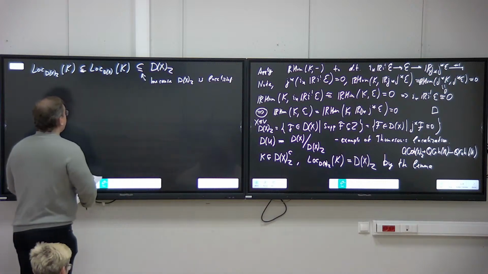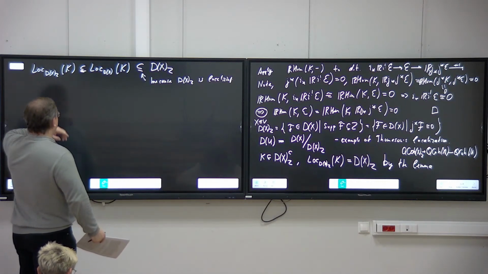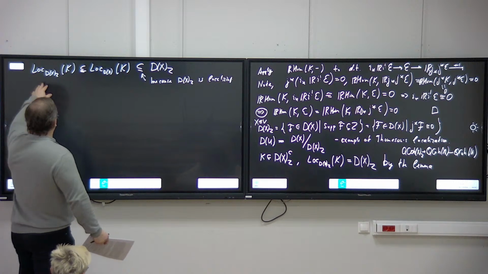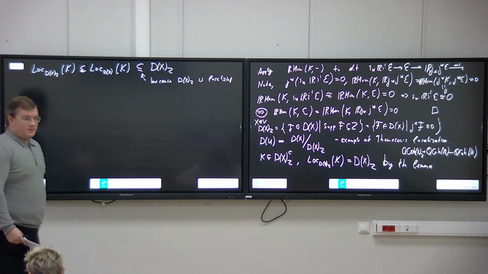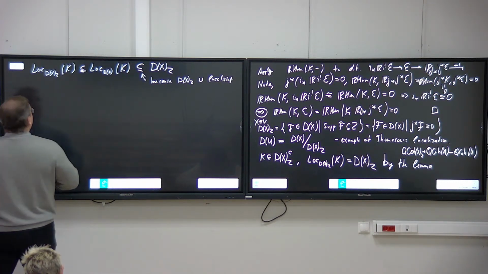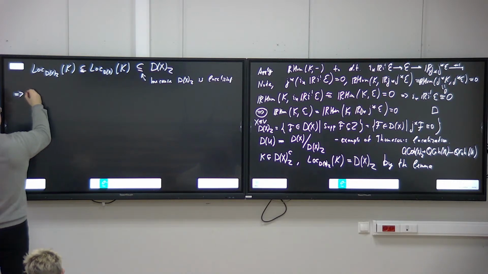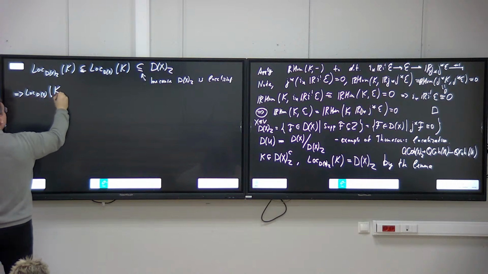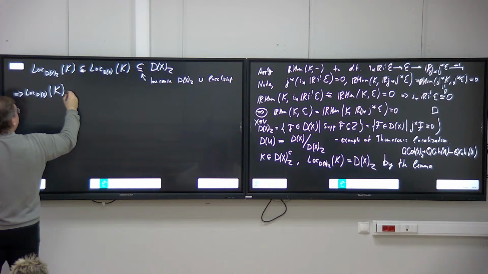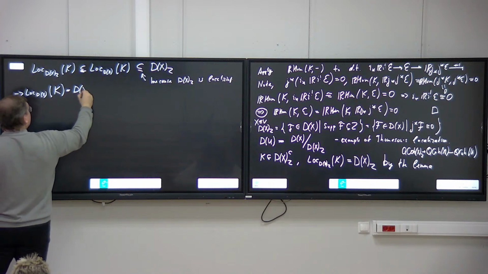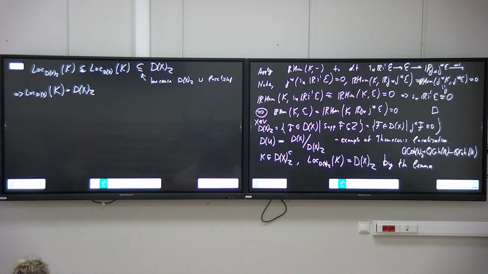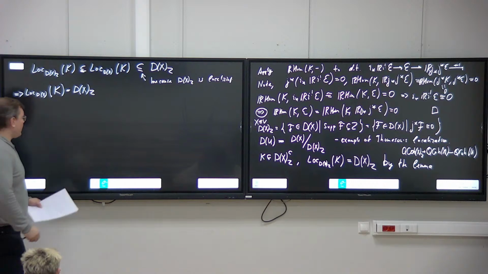So we have these two trivial inclusions, and we know that the beginning is the same as the end. So finally, the conclusion is that if we take the localizing closure in the derived category D of X of the Koszul complex, we will get the complexes with homogeneous supportability.